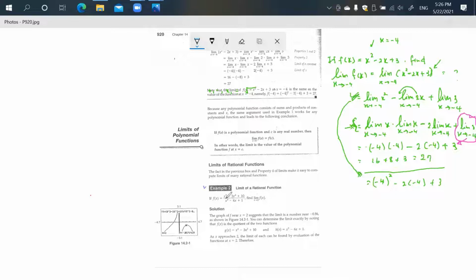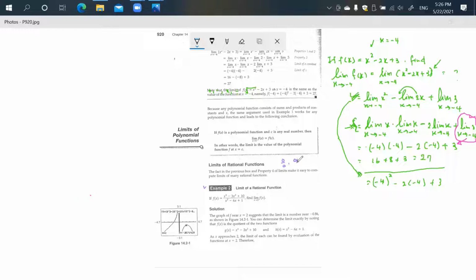If f of x equals x cubed minus 3x squared plus 10 over x squared minus 6x plus 1, find the limit of f of x when x approaches 2. Okay, so this is a rational function, right? So our three steps, remember: you replace x right away, the first step, in the function. It comes out as 0 over 0.